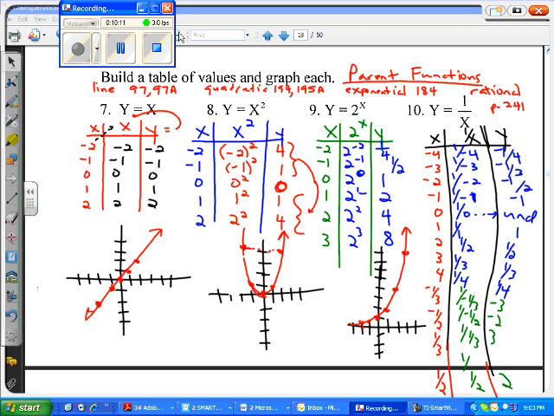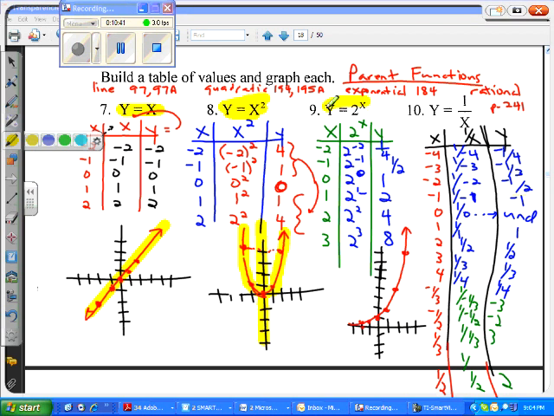Before we do, let's look again at a little bit of summary. Y equals x is the parent function of a line. It bisects quadrants 1 and 3. Y equals x squared is the parent function of a quadratic. It opens upward with about the steepness you see. The line of symmetry is the y-axis.